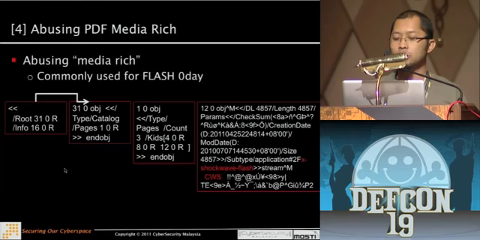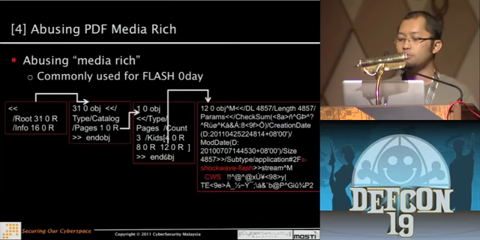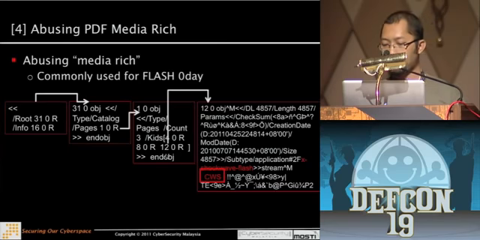You check /Root is pointing to object 31, and then object 31 has the Pages pointing to page object 1. So you go to object 1 here, and then you have Page. And Page somehow has a reference to object 12. You go to object 12, and object 12 somehow has a Flash file on top of it. Okay.